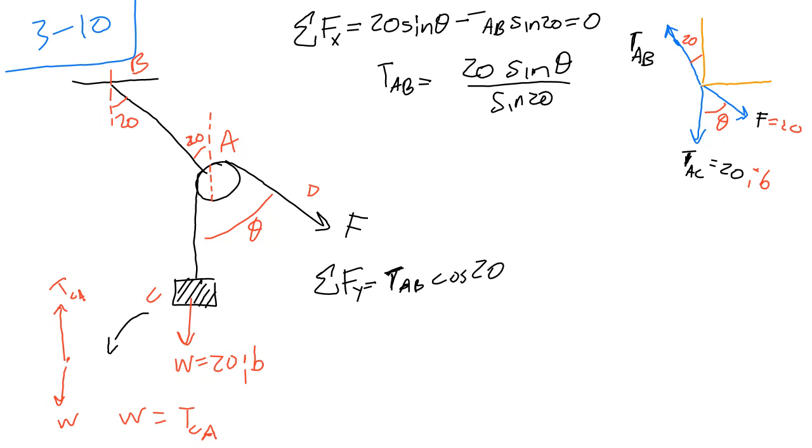Let's see. There's two forces going downwards. That's minus 20 minus F cosine 20. Wait, yeah, no, that's 20. They're both 20, right? So 20 cosine 20, 20 cosine 20. Yeah.